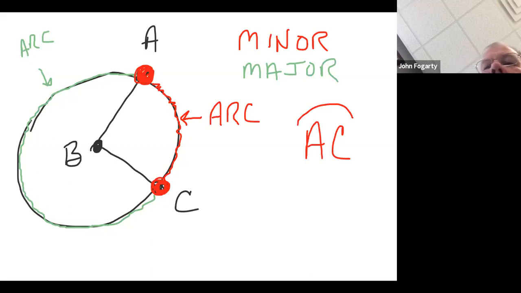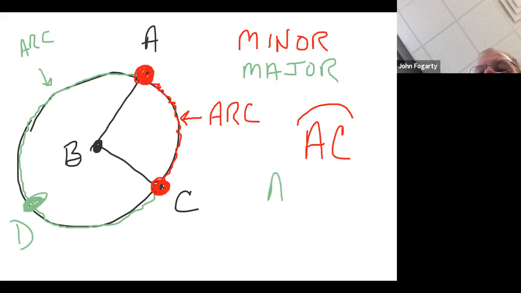But if you wanted to talk about from A to C this way, all you would do is pick some point out here. And you would simply go like this.